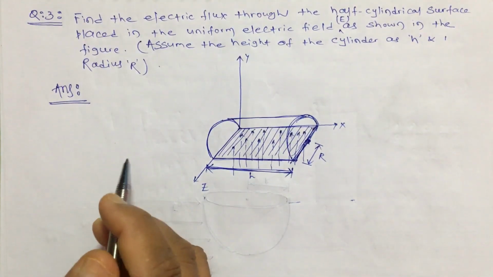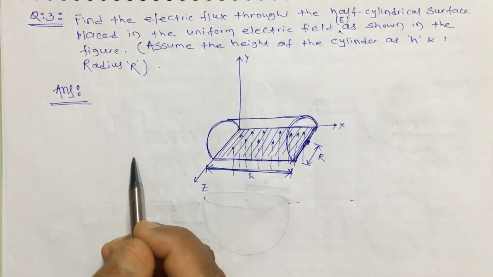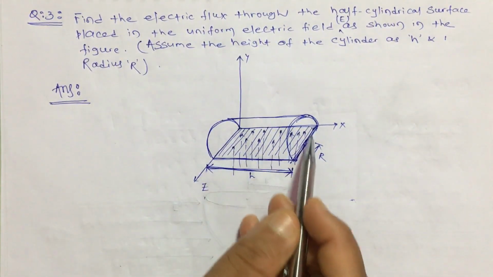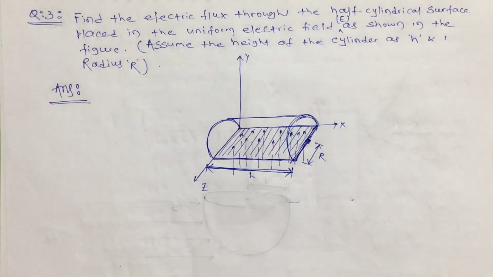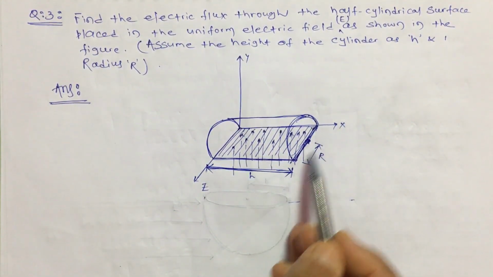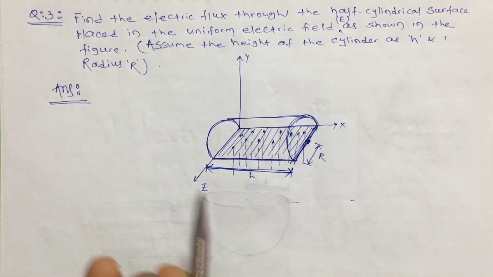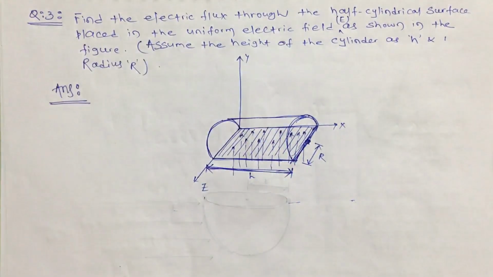Now, this is the next question, and we have to use a similar concept as we discussed in the last question. It is given a half cylindrical surface and a uniform electric field E is passing through this cylinder. You can see that this cylinder is kept in the xz plane, and electric field lines are coming towards the positive y direction.